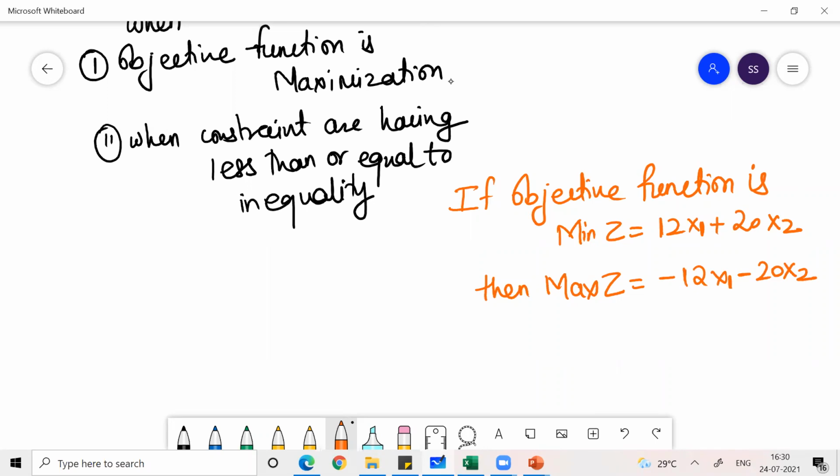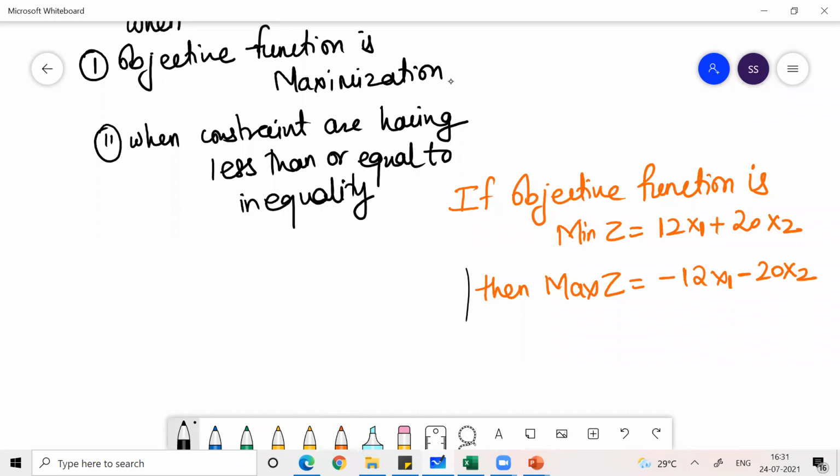So if your objective function is minima of z equal to 12x1 plus 20x2, then you can convert the minima function into a maxima function by changing the sign of the variables. Are you getting it, everyone?